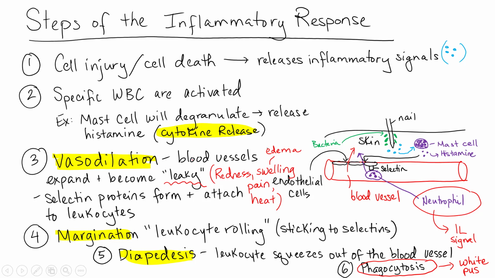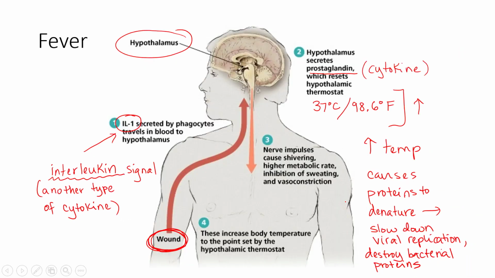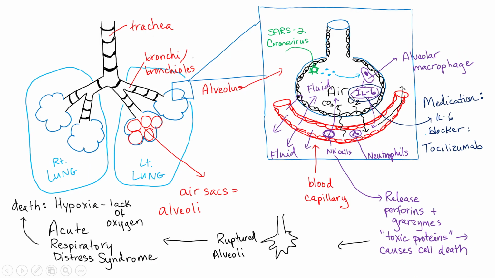We won't get fluid leaking out. We won't get the infiltration of some of these white blood cells that are really causing more harm than good, because they're destroying a very sensitive area of the body. Remember, it's a one-cell-thick layer around these little air sacs. And if you get a bunch of rupturing here, you get a bunch of damage there, and if it's significant enough, like you saw in those x-rays, yeah, that's a death sentence.